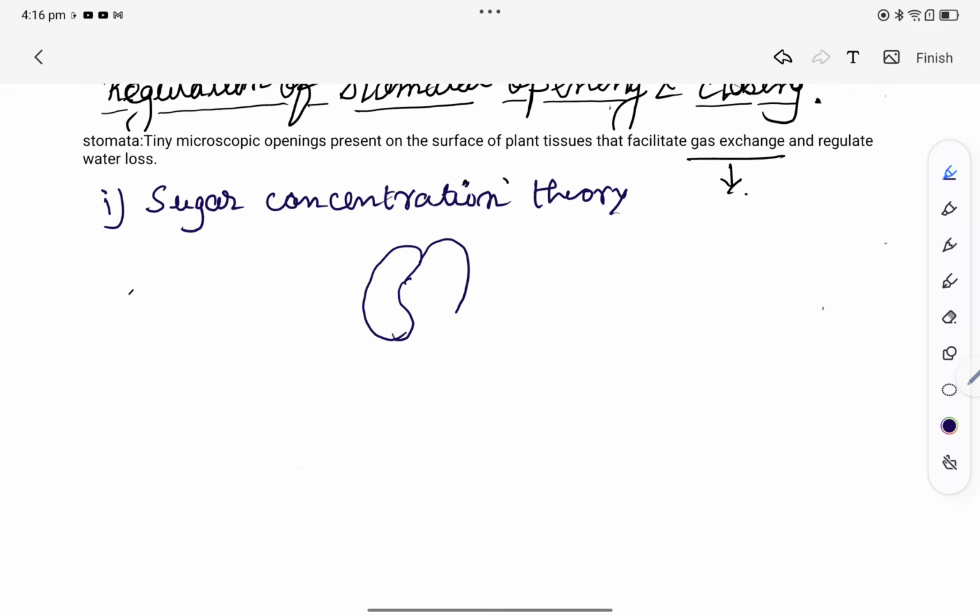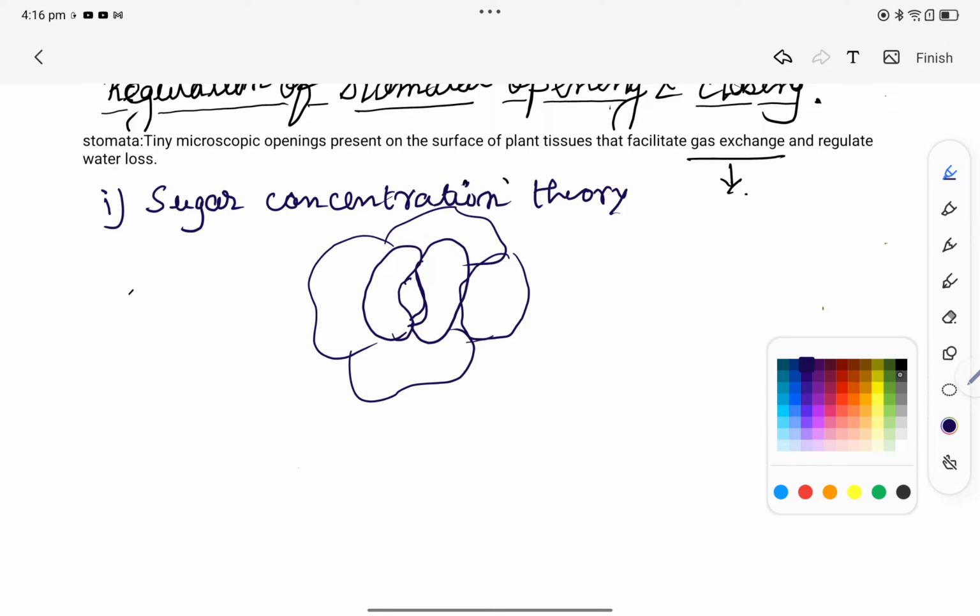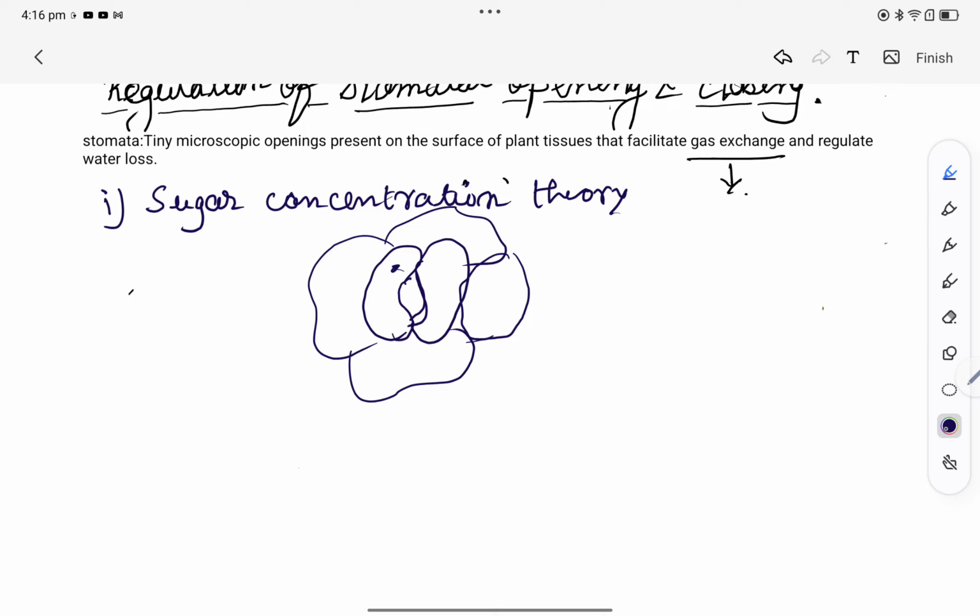In presence of sunlight, I have already told you that guard cells are photosynthetic cells. It means they can perform photosynthesis.